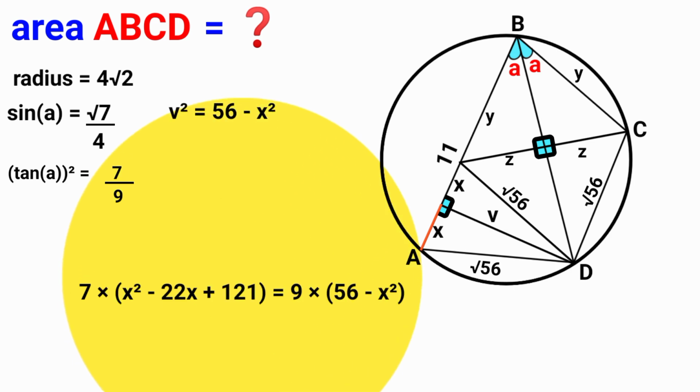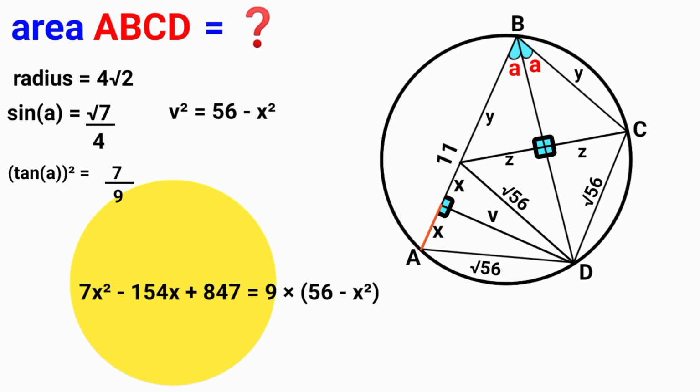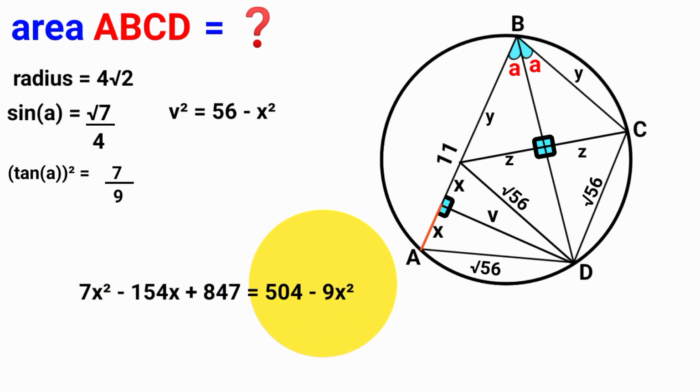Now 7 times (x squared minus 22x plus 121) equal to 9 times (56 minus x squared). 7 times (x squared minus 22x plus 121) is 7x squared minus 154x plus 847. 9 times (56 minus x squared) is 504 minus 9x squared. So 7x squared minus 154x plus 847 equal to 504 minus 9x squared.